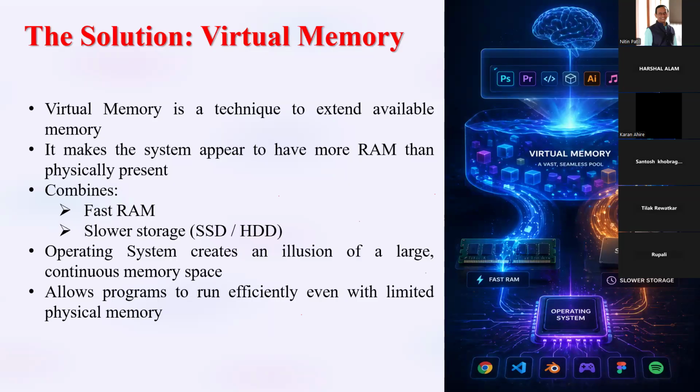And to achieve this efficiently, the operating system relies on a structured mechanism, a technique that makes this illusion practical and scalable. And that technique is called paging. We'll break down how paging actually builds this illusion step by step, because understanding paging means understanding how virtual memory truly works behind the scenes.